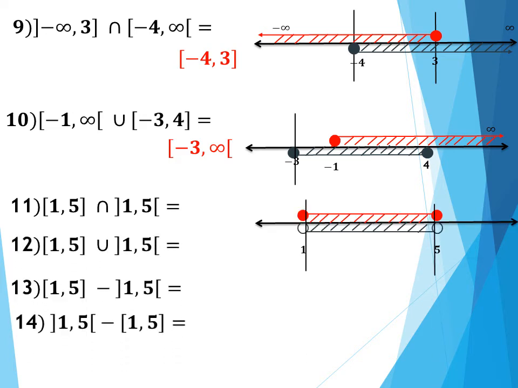Here, by the number line, 1, 5 intersect 1 open, 5 open, it will be 1 open, 5 open. Union, it will be 1 closed, 5 closed, 1, 5, it will be the set of 1 and 5. The last one equals 5.